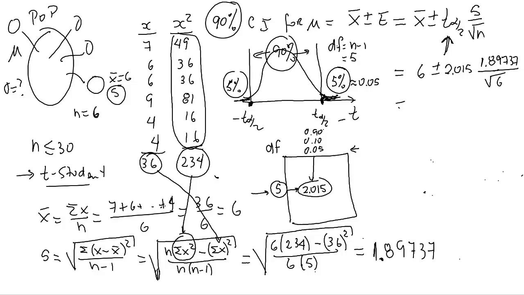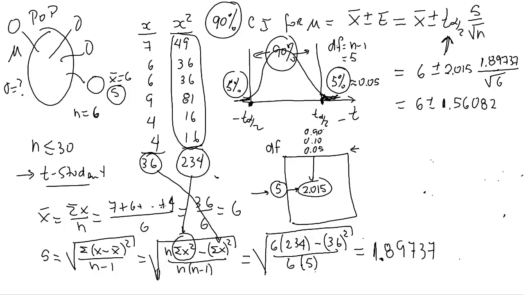When we compute this quantity, the error is given by this expression: 2.015 times 1.89737 divided by the square root of 6. Enter. The error is 1.5608. Let's use another decimal and round it to 1.56082.